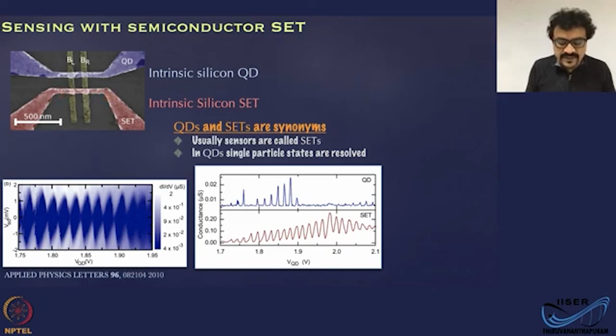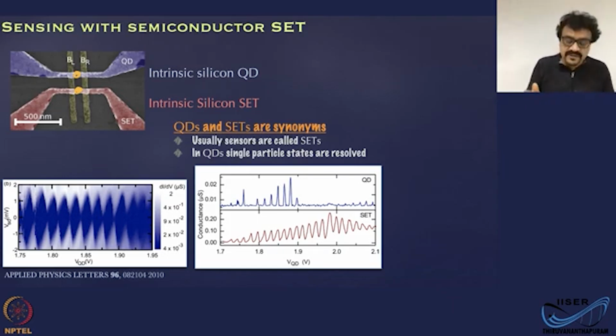Okay, so these quantum dots are defined by applying voltages on these gates. So you have two gates, B, L and B, R. Those are the barrier gates which define a quantum dot. You have a quantum dot here, you have an SET here. But in this case, both are very similar, and both have a similar geometry and similar size also.